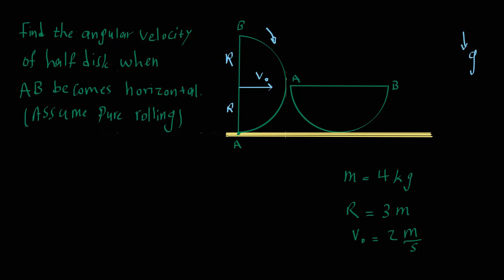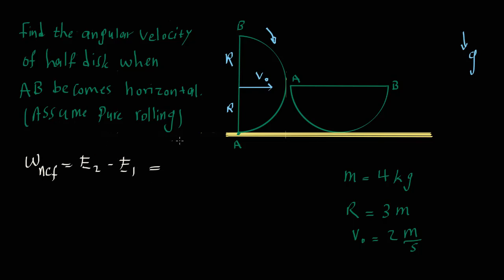So we can say that W of non-conservative forces is equal to E2 minus E1. And here again, because this is pure rolling, if we had slipping or sliding here, the type of friction would be kinetic friction, and then we would have a non-conservative force in the system.